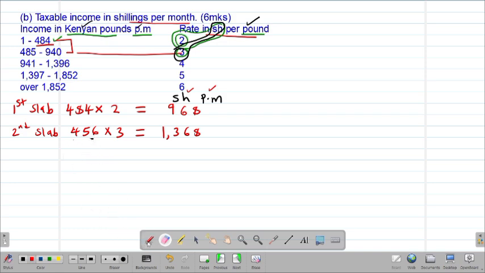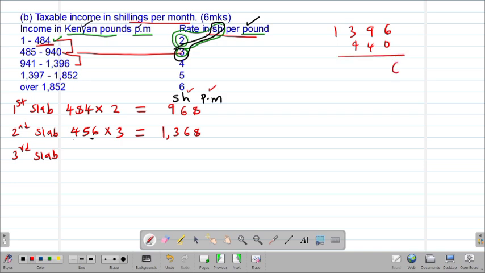So we go to our third slab. We'll find the difference between these two. You take 1396, then minus 940.